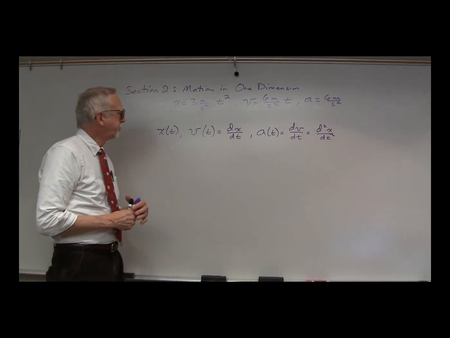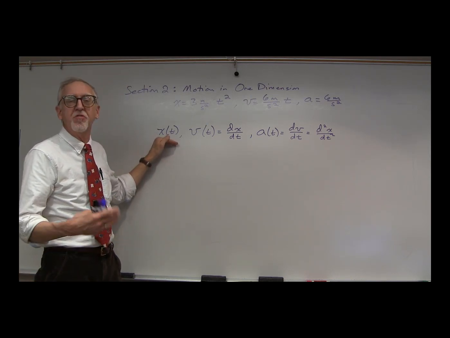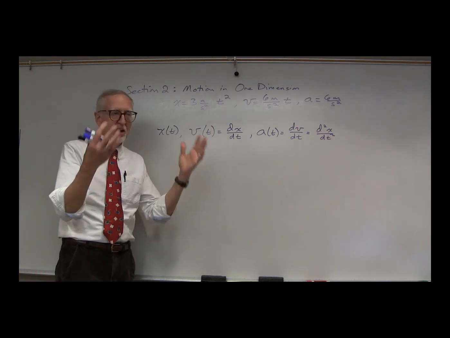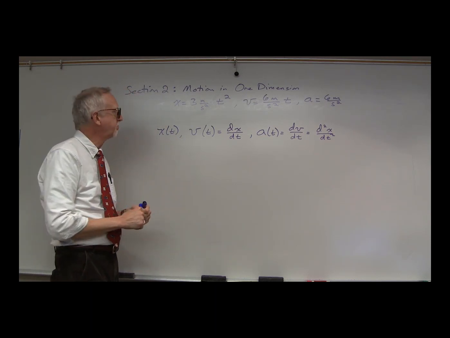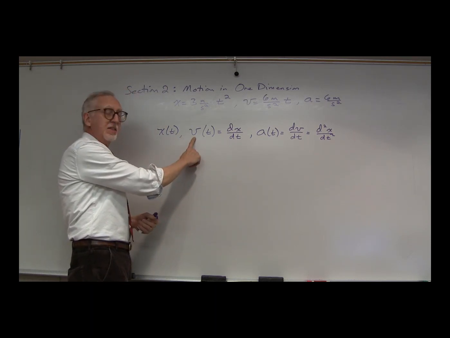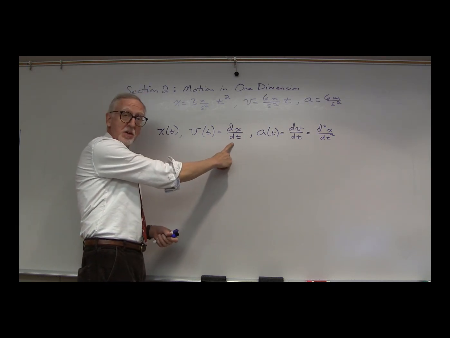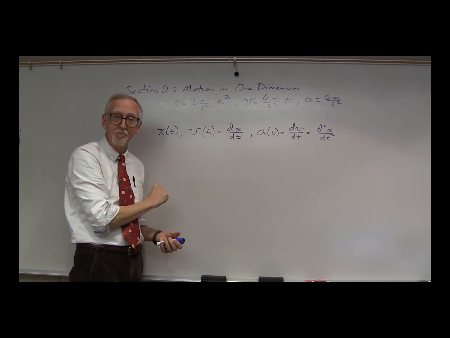So what have we done? We start out by describing the position of an object with some functional form, x as a function of time. And this could have any functional form that we want for the time being. The velocity, we then found, was the first derivative of the position as a function of time. In other words, v is equal to dx/dt.